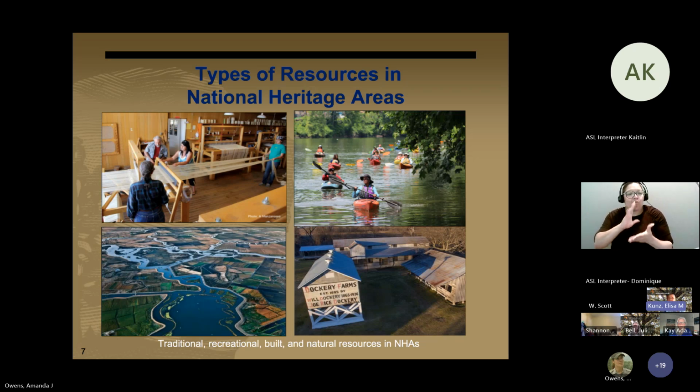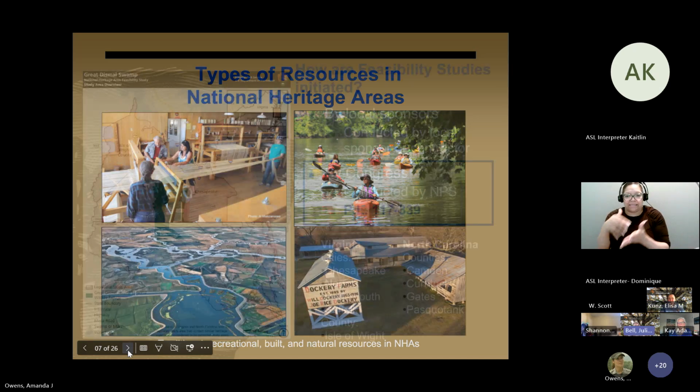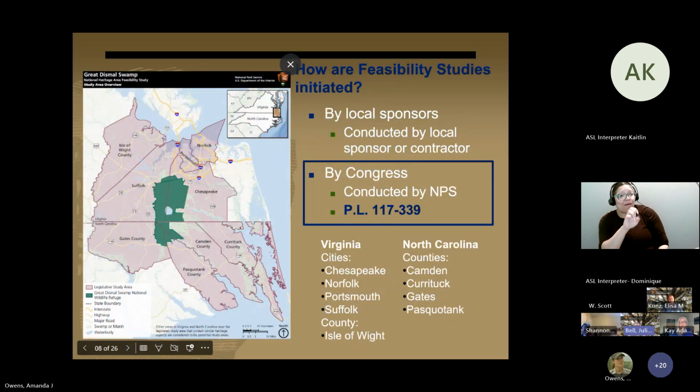And so on that, I'm going to send it over to Julie, who's going to talk more about the specific work of the Great Dismal Swamp study. Thank you, Elisa. So this slide is showing a map of the area. The area shaded in pink, that is our study area.